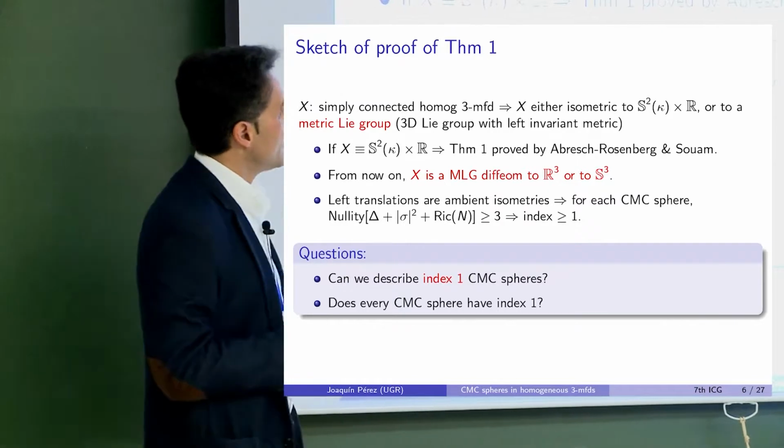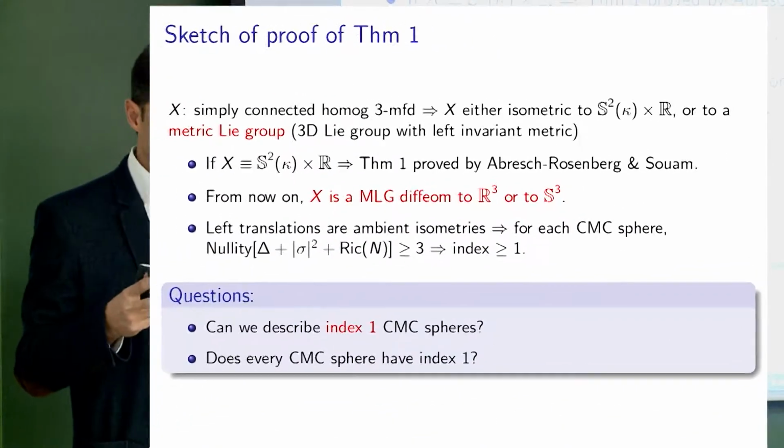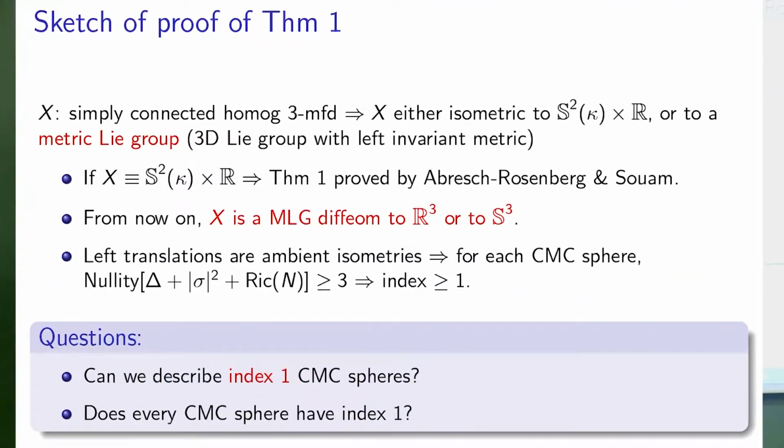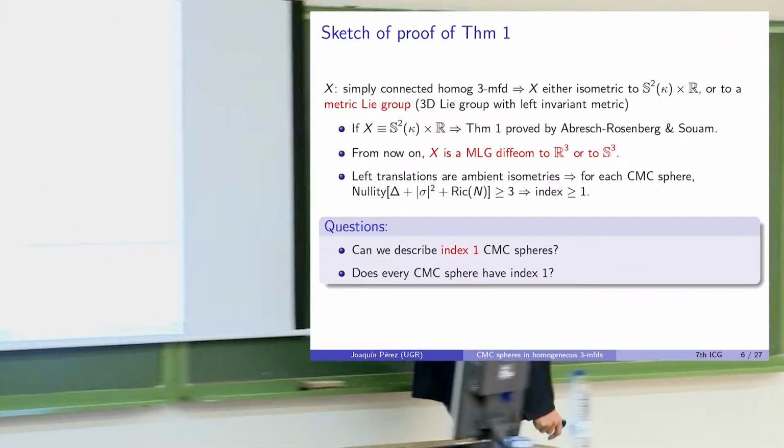So now, I know that left translations are isometries because the metric is left invariant. That means that I can produce for free 3 linearly independent functions in the kernel of the Jacobi operator of any sphere of constant mean curvature, which are given by taking the normal part of the variation given by left translations.